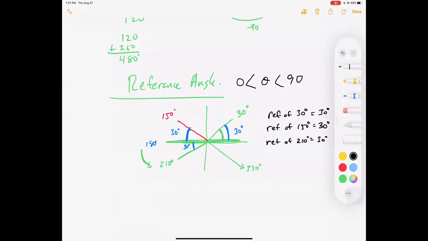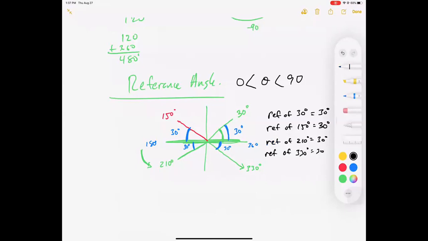How much more do I need to get back to 360, right? Because I want to get back to the floor. Well, that's also 30 degrees. So the reference angle for 330 is 30 degrees.